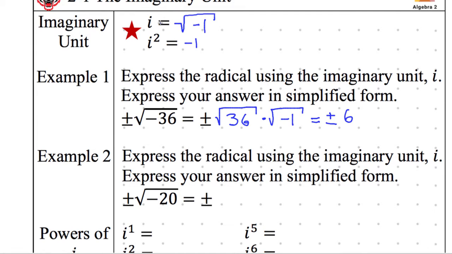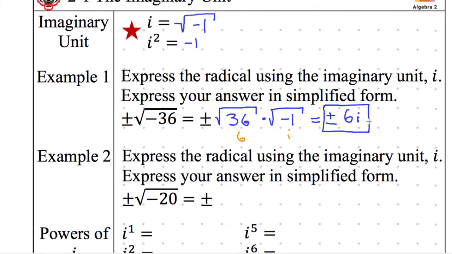Square root of negative 1 is our imaginary unit, which is called i. There it is. So this is plus or minus 6i. And just to see how things got converted, this 36 turned into our 6, this negative 1 turned into our i. That's how we got 6i.